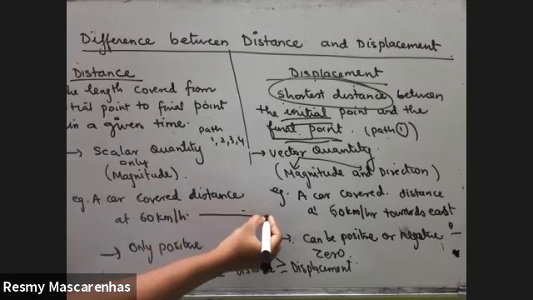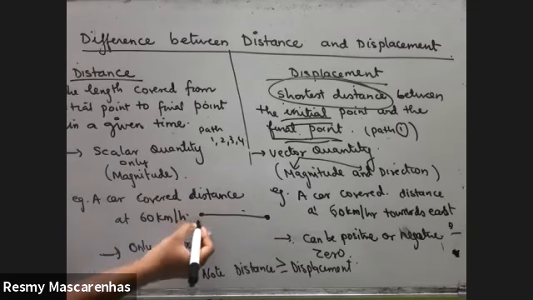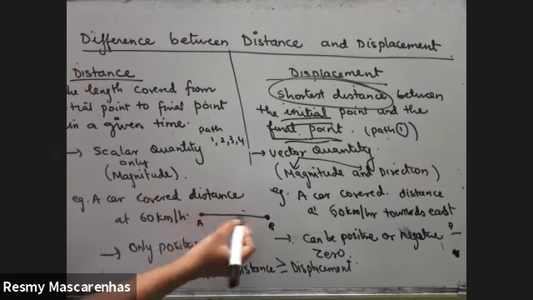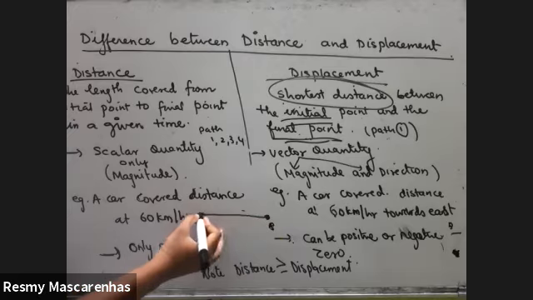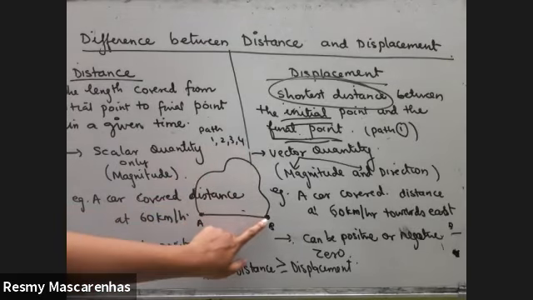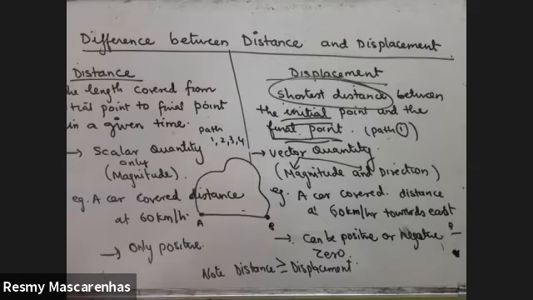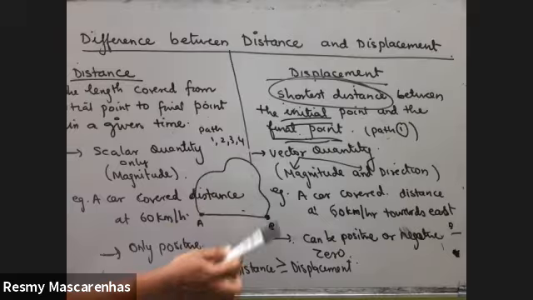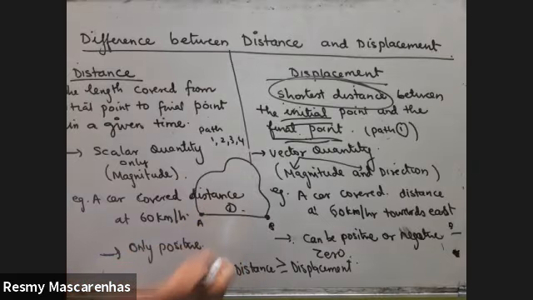If it's a straight line, distance and displacement are the same. But if you are covering a path like this, what is going to happen? Your distance is more and your displacement is less. So distance can be either equal to or more than your displacement. Path 1 is definitely your displacement because that's the shortest one.